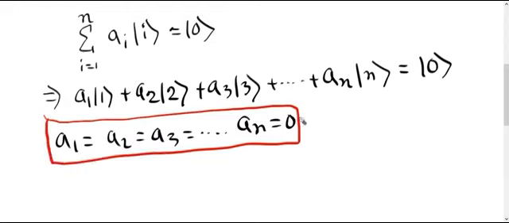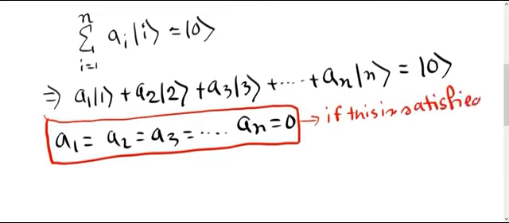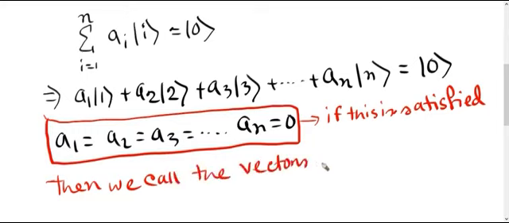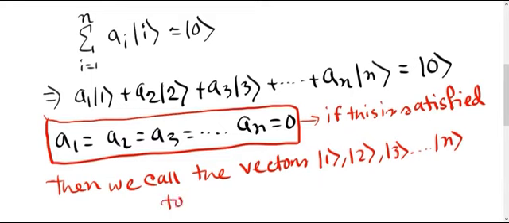If this is satisfied, then we call the vectors v1, v2, v3, ..., vn linearly independent.